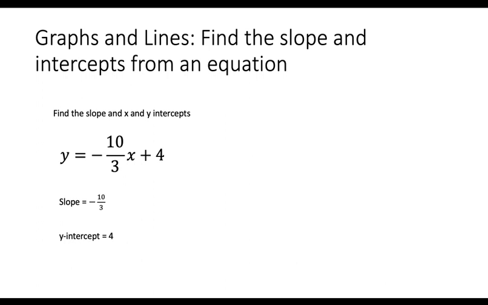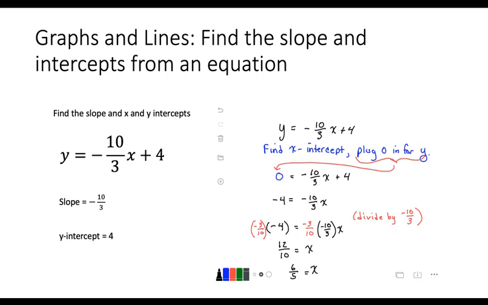Now let's find the x-intercept. To find the x-intercept, we're going to plug a 0 in for y. So when we plug a 0 into this equation for y, we have 0 equals -10/3 x plus 4. So we'll subtract 4 from both sides: -4 equals -10/3 x. Now we're going to divide both sides by -10/3.